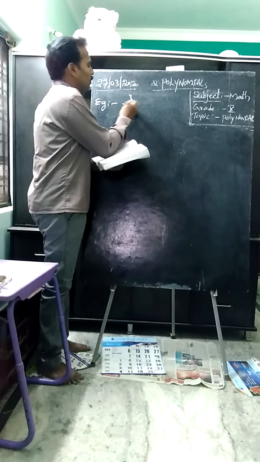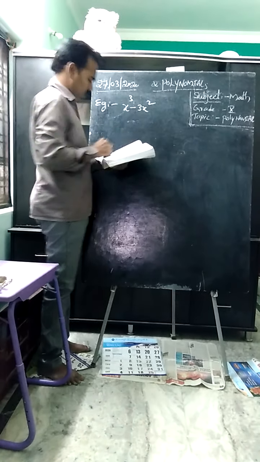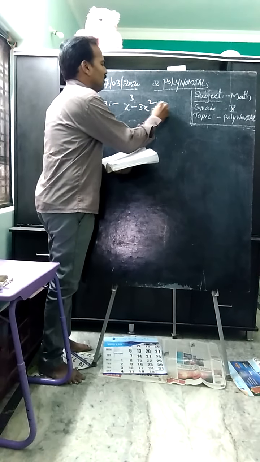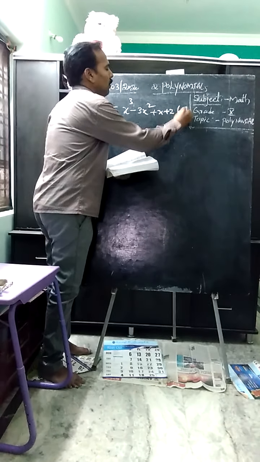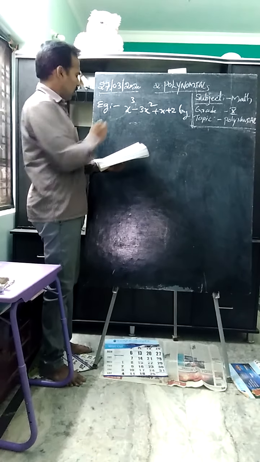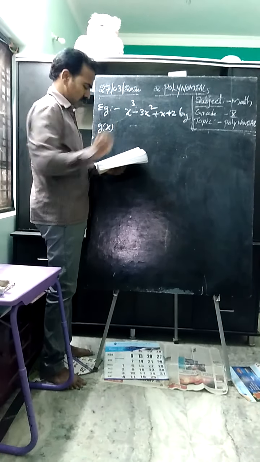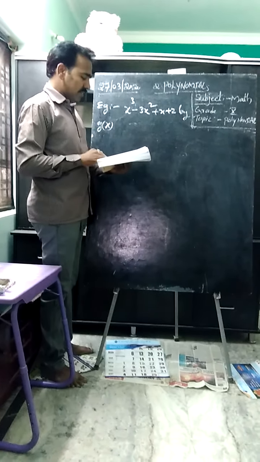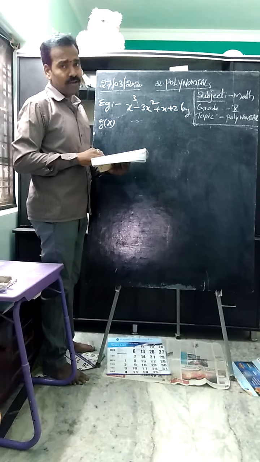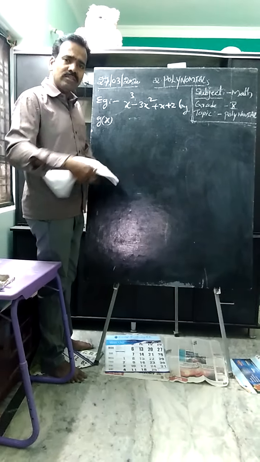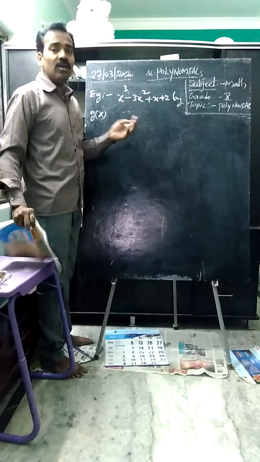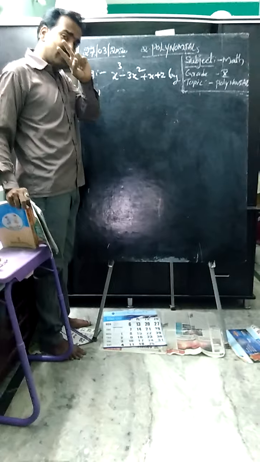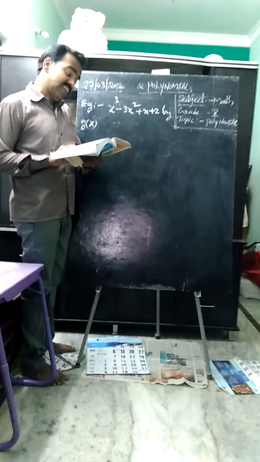x cube minus 3x square plus x plus 2 by the polynomial g of x. So we don't know g of x, but we will get quotient and remainder. Not only in this case, even in numericals and polynomials, when we divide a dividend by a divisor, we will get a quotient and remainder.